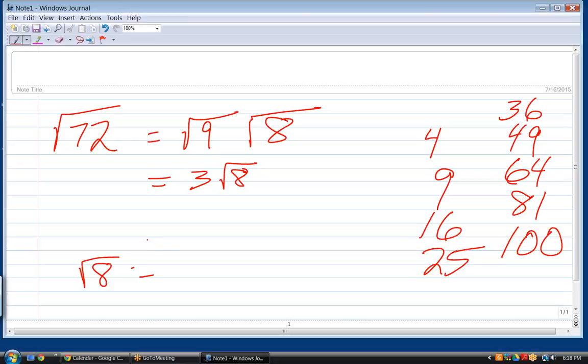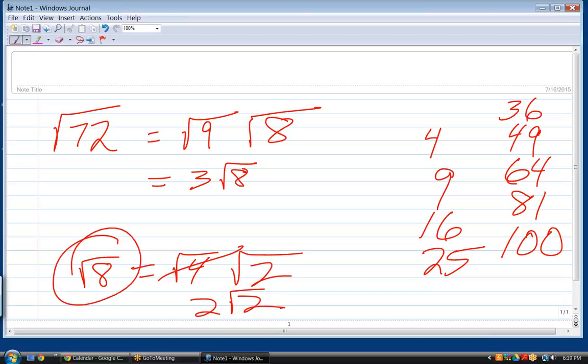Can I do anything with that? Yeah. What is the square root of 8? You could do 4 times 2. So that becomes 2 root 2. I'm never going to give this as an answer, ever, because it simplifies to 2 root 2.